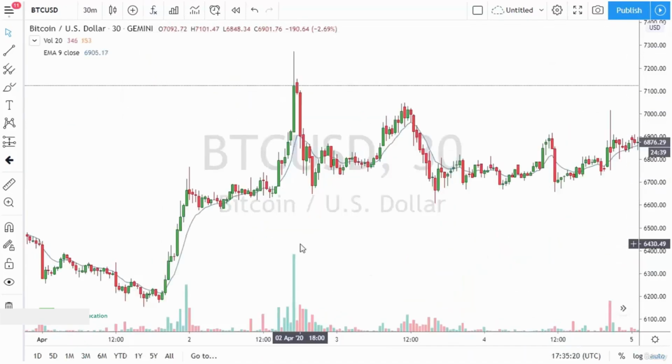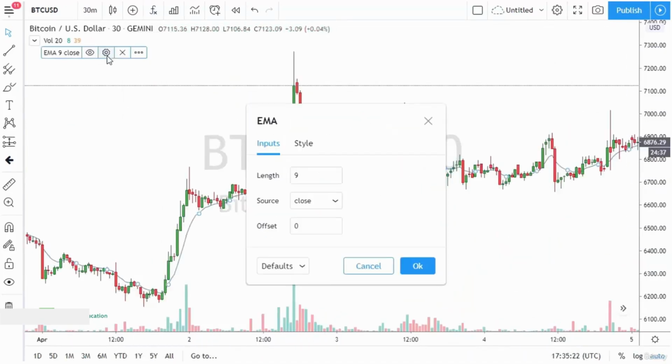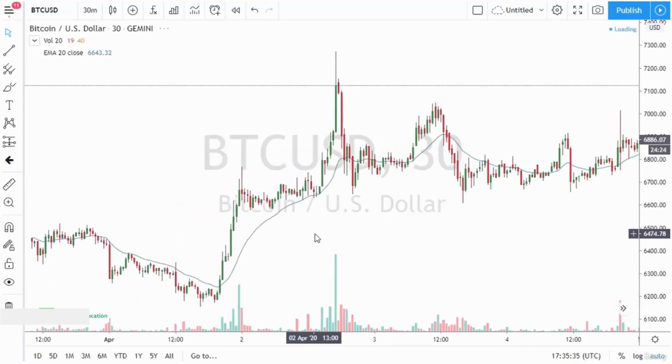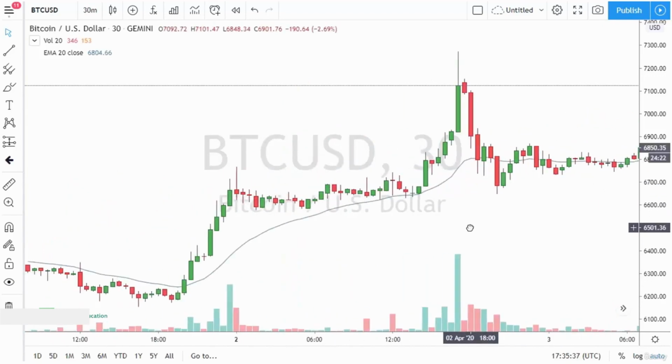I'm going to go ahead and put an EMA here, and although you could use a 9, I'm going to use a 20, just because I like the way it behaves on a daily or on an intraday time frame. And you'll notice that there is a doji right here. The market had been rallying a bit, and then it's just kind of hanging here at this moving average.